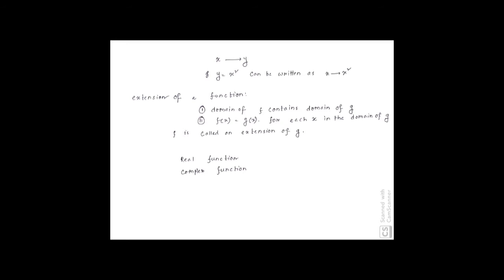A function f is called an extension of the function g if two conditions are satisfied. Number one, the domain of f should contain the domain of g. The second condition, f of x should be equal to g of x for each x in the domain of g.